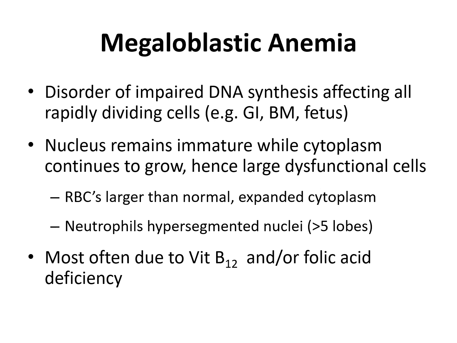The RBCs are larger than normal, and the neutrophils typically will have what is called hypersegmented nuclei. Normally, the neutrophils have segmented nuclei, but in this case they are hypersegmented, having more than 5 or 6 lobes in the nucleus. Most often this megaloblastic anemia is due to B12 or folic acid deficiency, although there are other rare causes.